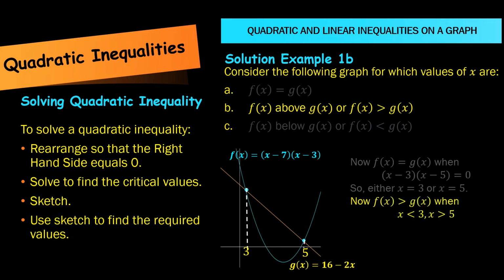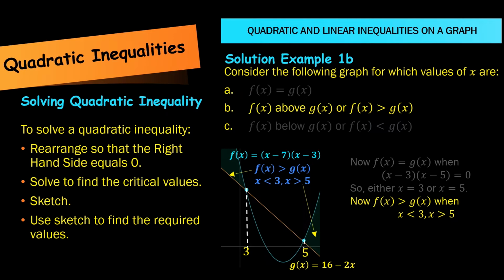When f of x is greater than g of x, we have that either x is less than 3 or x is greater than 5 in these shaded regions. And so we've solved example 1b.